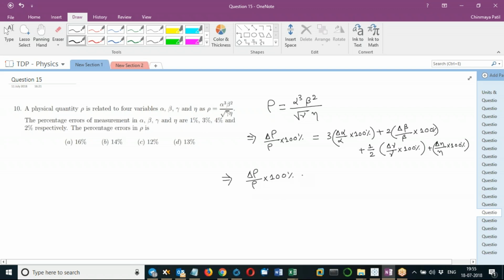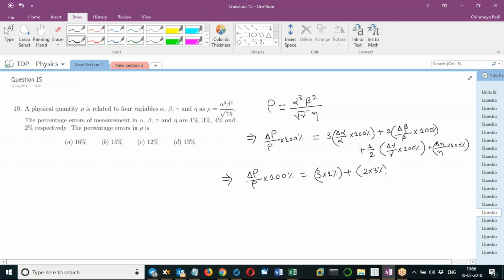So if we do a little simplification, delta rho by rho into 100% is equal to 3 into, according to the question, the percentage error of alpha is 1%. So 3 into 1% plus 2 into 3%. Why 2 into 3%?